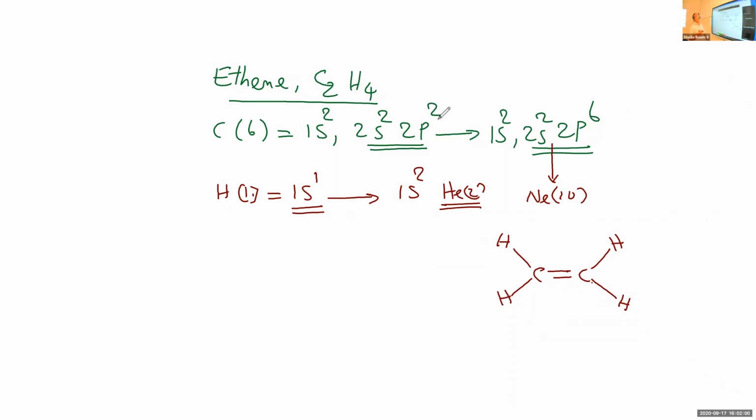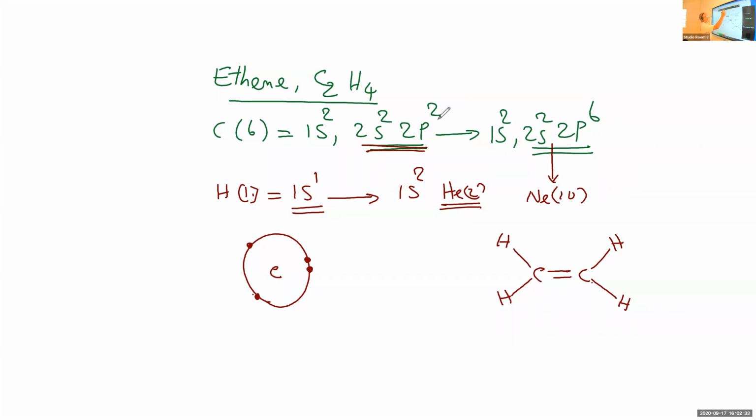And if you have to show the electron dot representation, it is like this. There is a carbon atom, and in the outermost shell there will be 4 electrons, and 2 are used for the double bond between the carbon atoms, and the other 2 electrons are used for single bond formation with the hydrogen atoms.